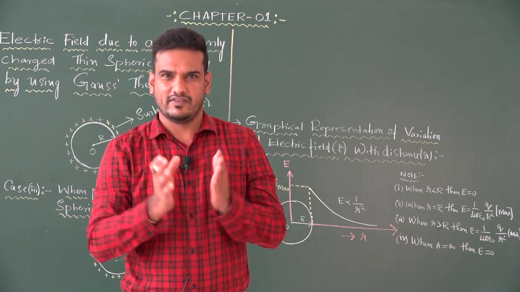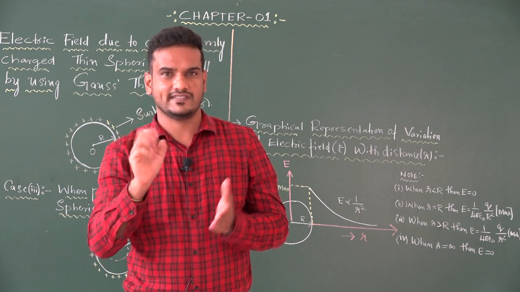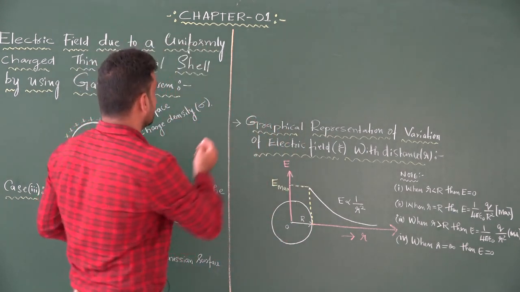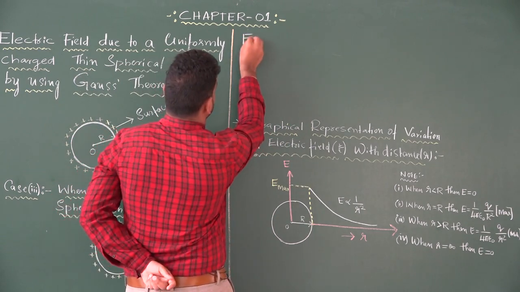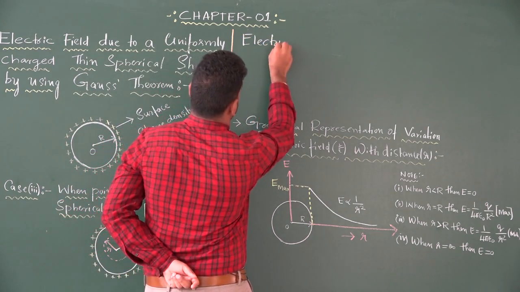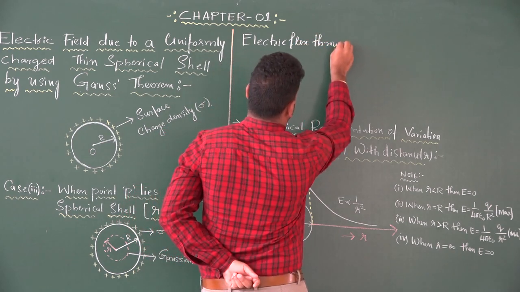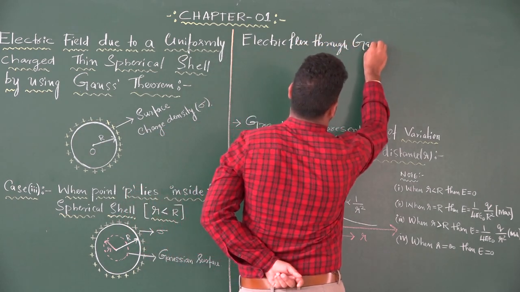For that a derivation is not required, directly you can write E is equal to 0, but let us have a derivation for that. Electric flux through the Gaussian surface.